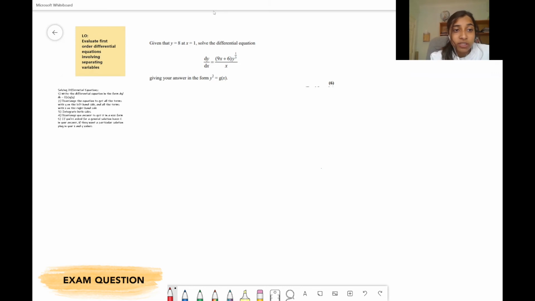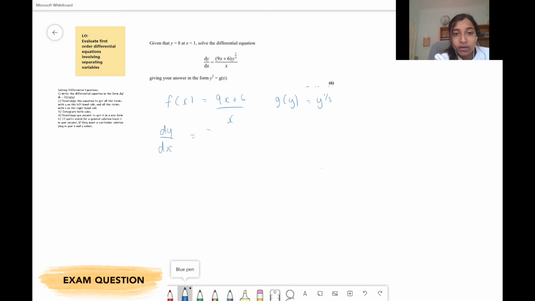So the first thing we want to do is write our equation in the form dy over dx is equal to f of x and g of y. So we have f of x is equal to (9x plus 6) over x, and g of y is just equal to y to the power of a third. So dy over dx is equal to (9x plus 6) over x times y to the power of a third.